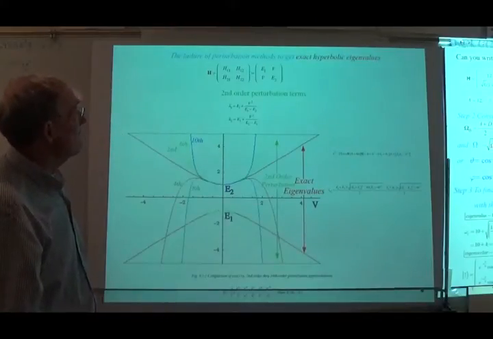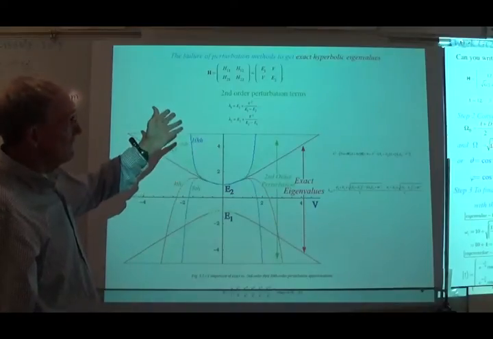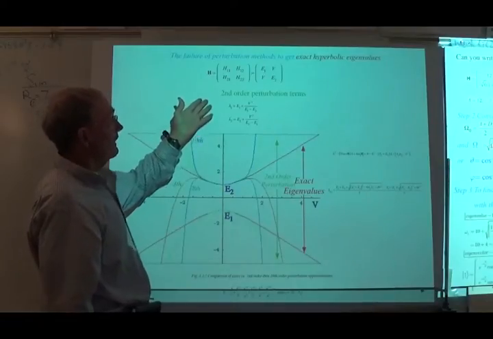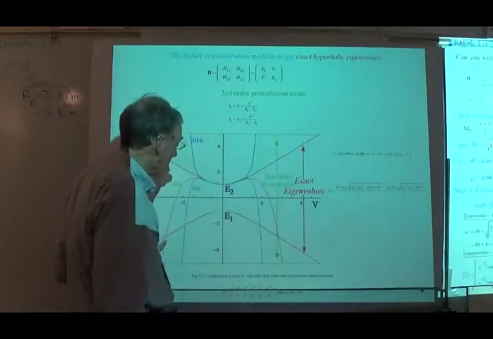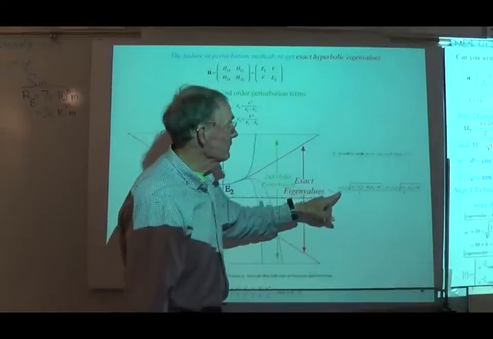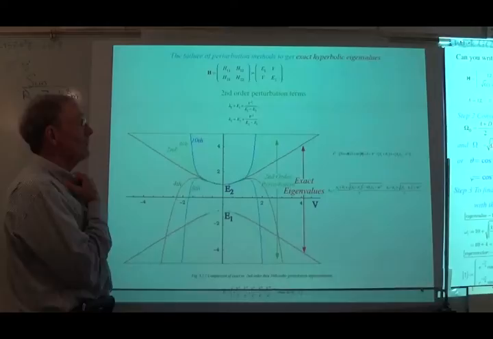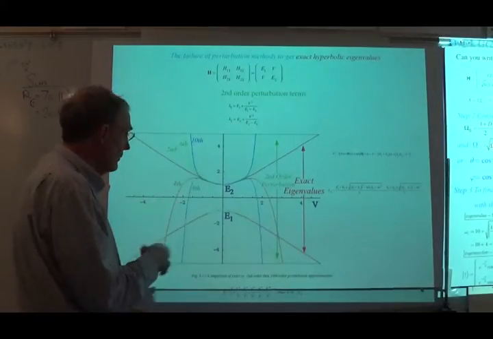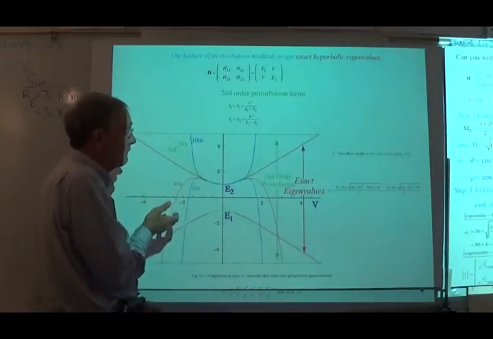Now, while I'm on the subject, we were getting exact solutions for a two-state system, and that's a hyperbola, up and down, just like we showed. These are the actual eigenvalues. But what if I wanted to do a perturbation expansion for this? And this is part of something that's in the quantum book at the end of the first unit, which is a sort of a review.